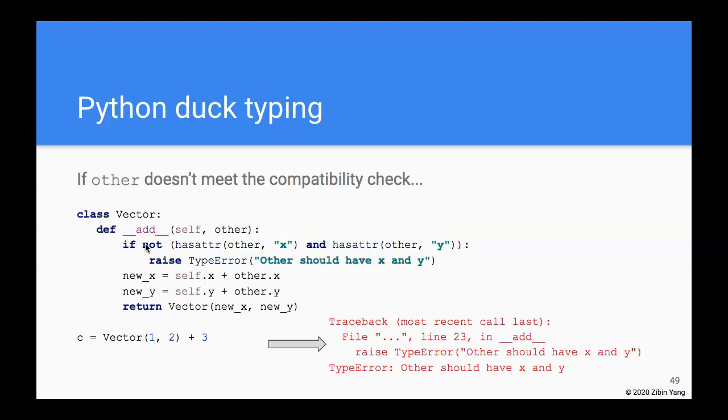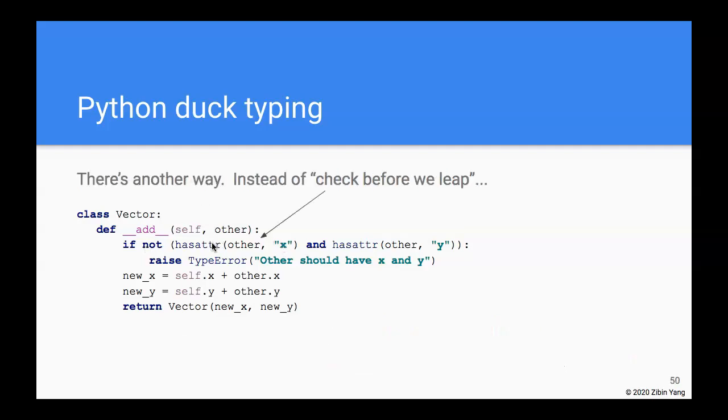Now, that is not the only approach we can take though. If we look at this carefully, what we do here is make sure it's okay before we do the addition. So that is a kind of check before we leap approach.